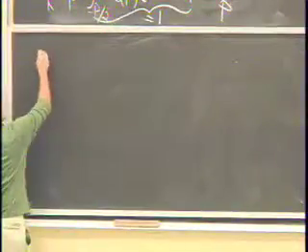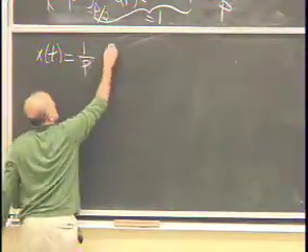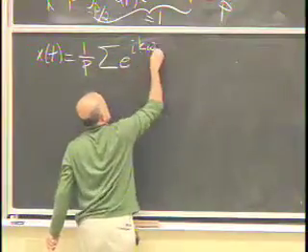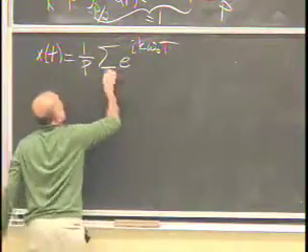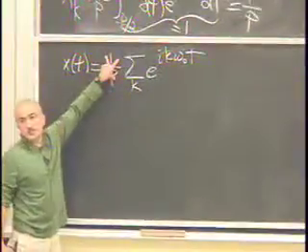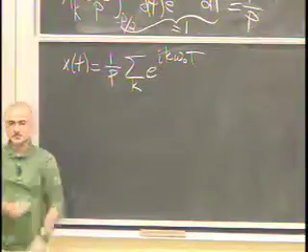So this expression for x of k says the infinite impulse train can be written as 1 over p times the sum of all these complex exponentials. Each frequency k omega naught contributes equally. I have the same coefficient for all the frequencies. This impulse is the prototypical example.